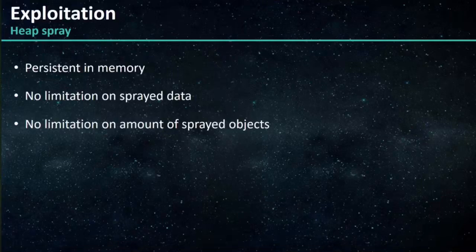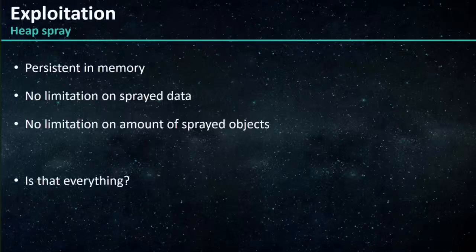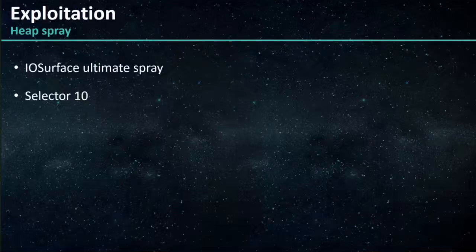But that's not everything about this spray. This is the first time I saw a good generic kernel calloc spray in iOS like that. It's not only that you can set those properties, you can also read them back, because that's the point of those properties.